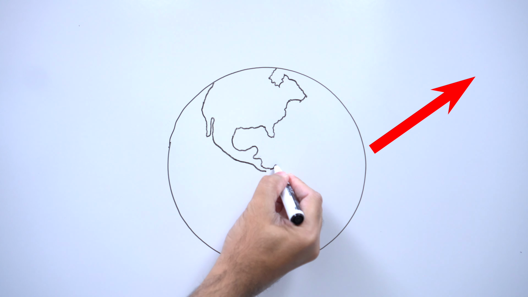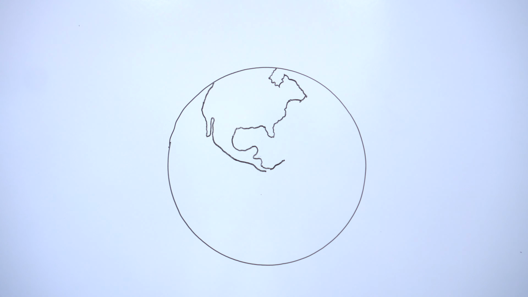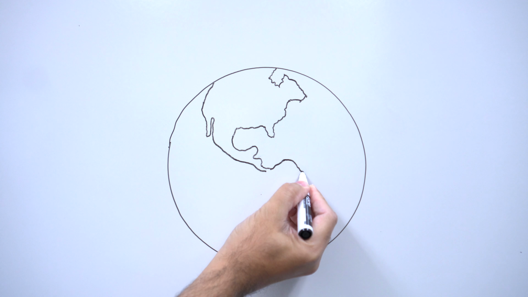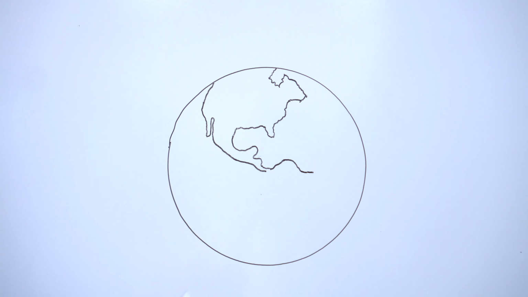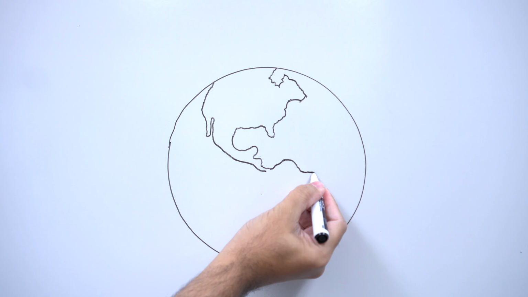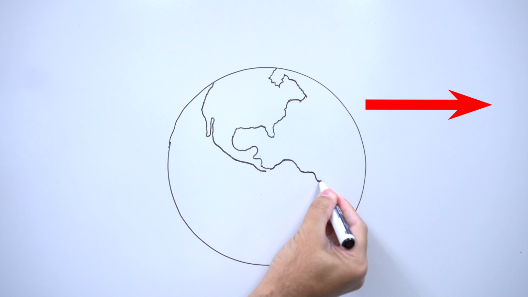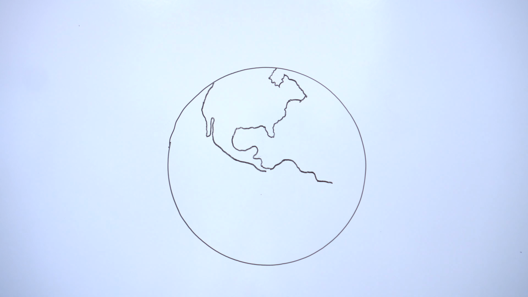Alright, now let's start with South America. A little tiny diagonal line going up. Now going down. And a tiny horizontal line. A little bit down. A tiny horizontal line.